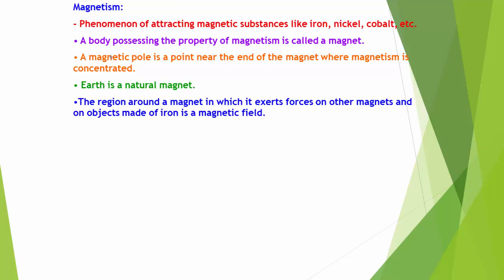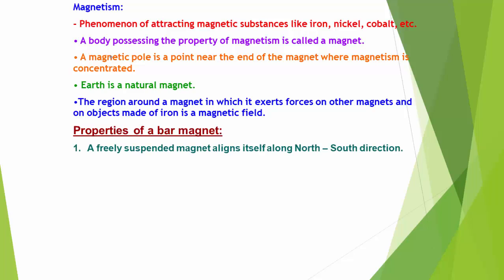The region around the magnet in which it exerts forces on other magnets and objects made of iron is the magnetic field. And the bar magnet has certain properties.